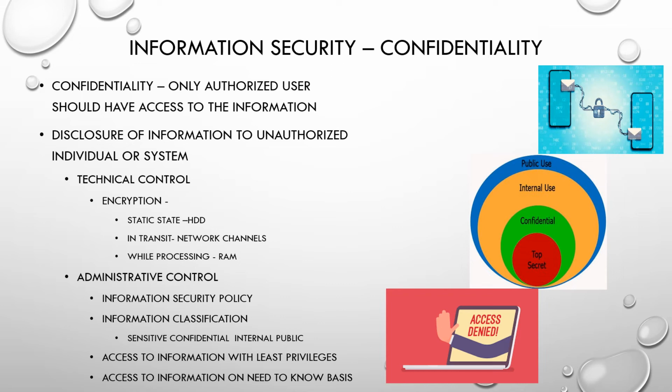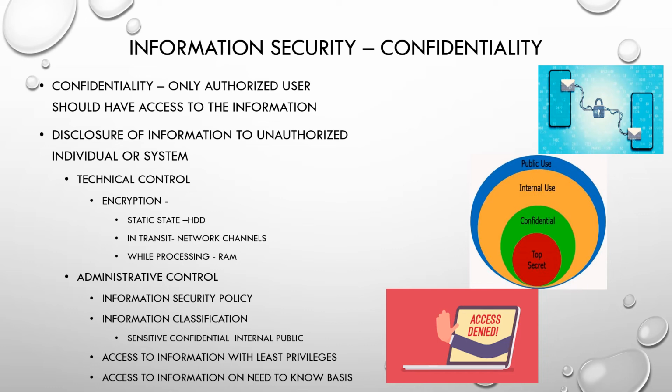In brief, what is confidentiality? Confidentiality is one of the principles of information security, which says that information should be accessed only by an authorized person or a system. Unauthorized access is treated as a breach of confidentiality.